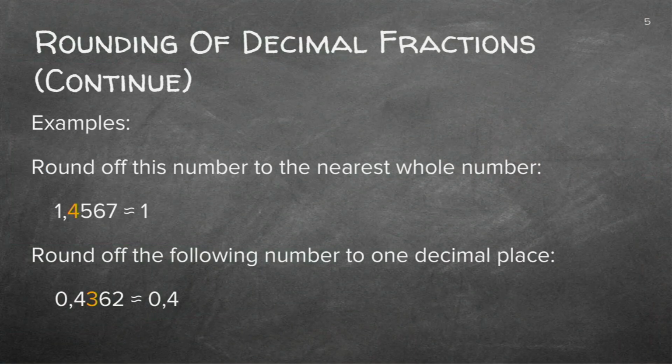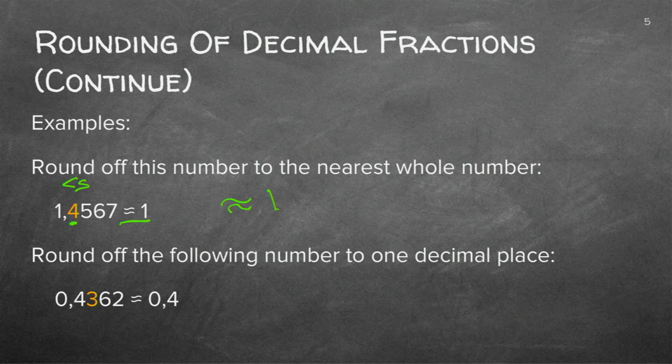Cool. Right. Now, look at these examples. They ask us to round off this number to the nearest whole number. So again, like the previous example, we look at the 4. In this case, the 4 is less than 5, so it's going to be more or less 1.